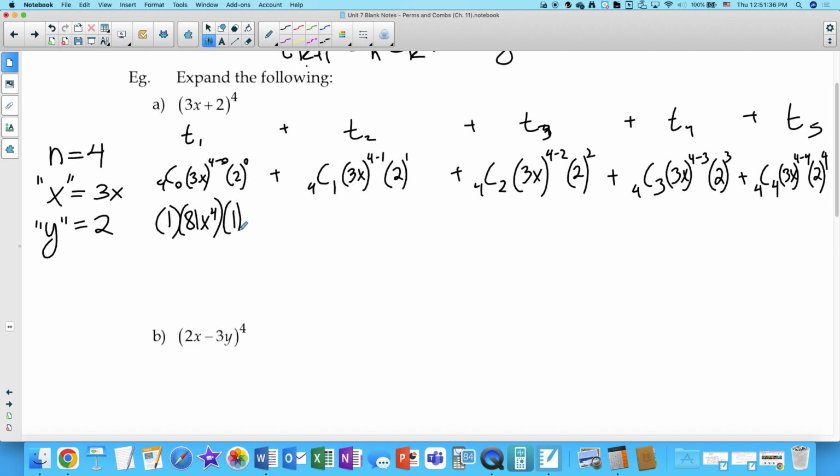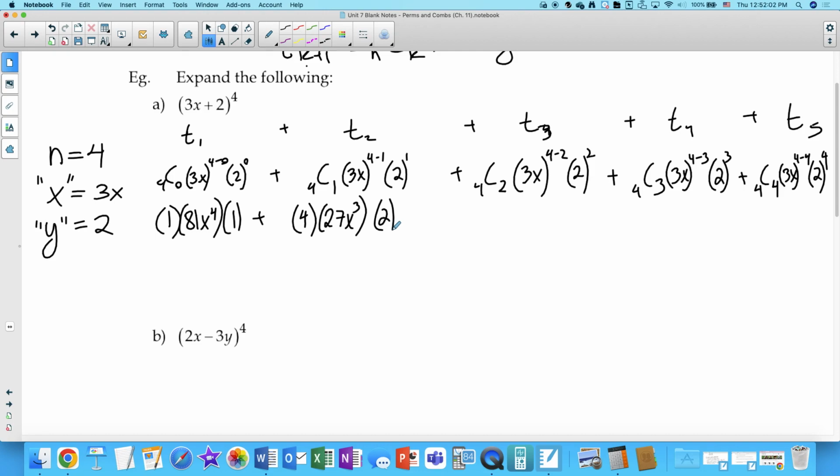For term 2, 4 choose 1 is 4. 3x to the 4 minus 1 is 3x cubed. So that's 27x cubed. And then this is just times 2. 2 to the 1 is 2. Okay. 4 choose 2 is 6.